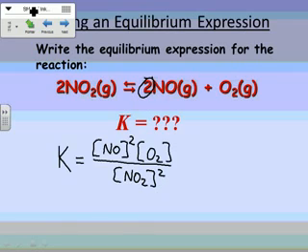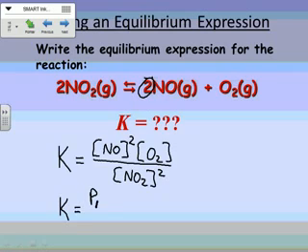Okay, so I could write it in terms of concentration. Or, these are all gases, so I actually could write this in terms of pressure as well. Okay, so that's one way that I could write the rate. So used to saying rate law. That's one way that I could write the equilibrium expression. Another way that I could write it is in terms of pressure.